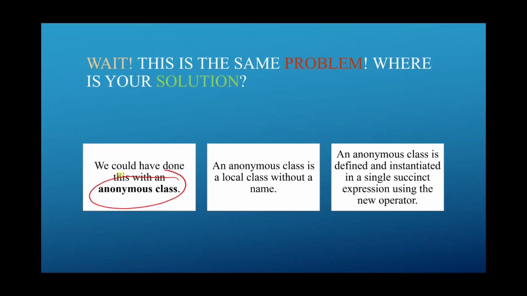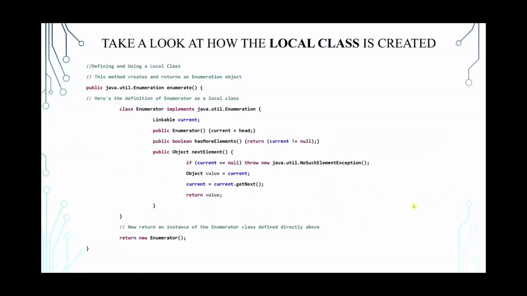An anonymous class is a local class without a name. This is why it's called anonymous, because it does not have a name. An anonymous class is defined and instantiated in a single succinct expression using the new operator.